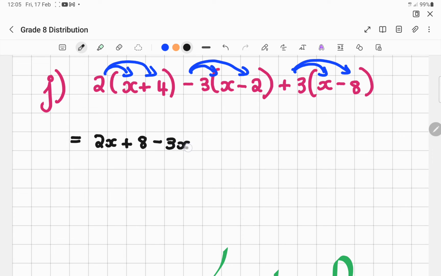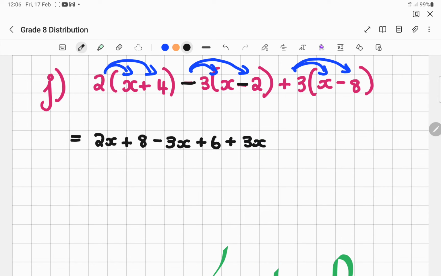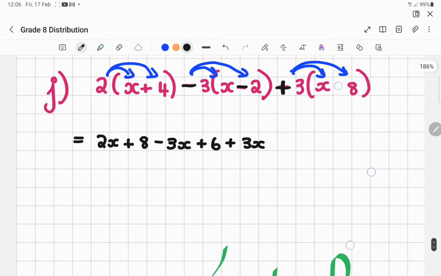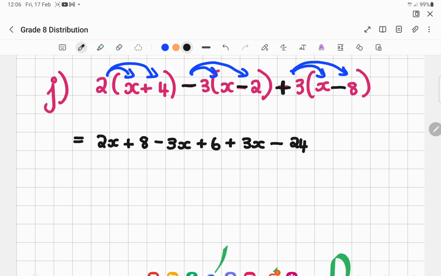Minus 3 times x is negative 3x. And a negative times a negative is a positive. 3 times 2 is 6. Plus 3 times x is 3x. And a positive times a negative is a negative. 3 times 8 is 24.